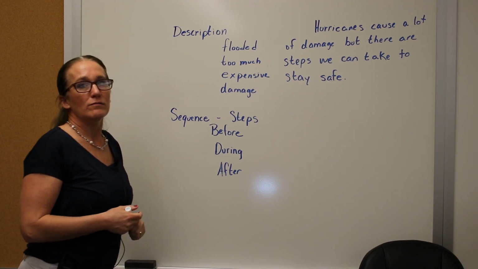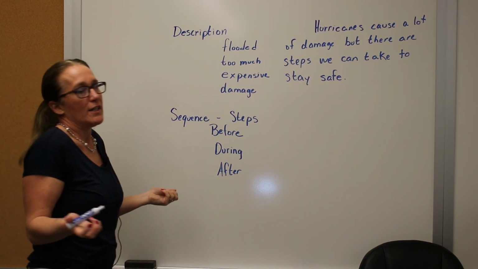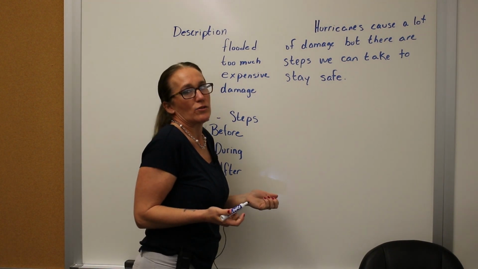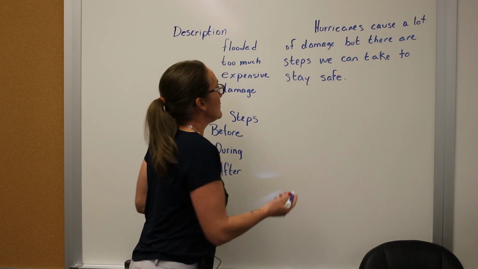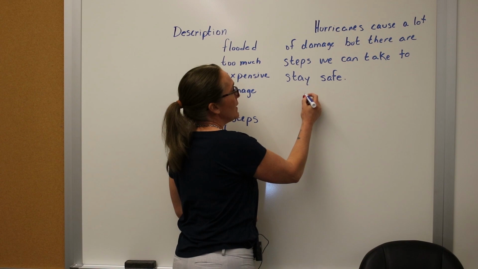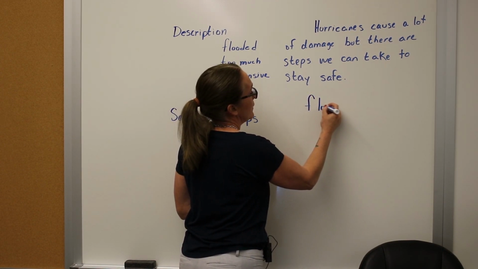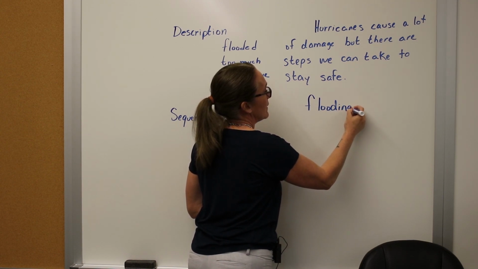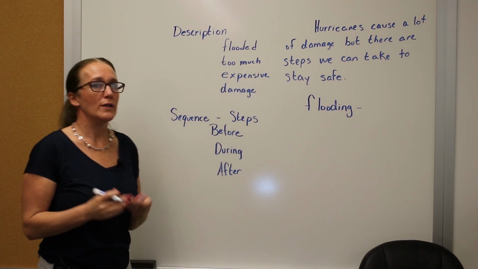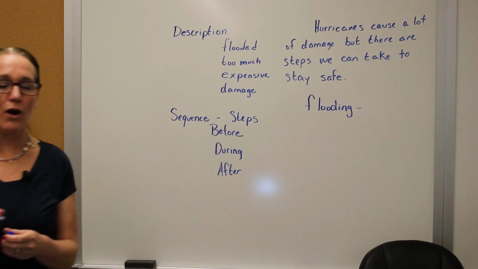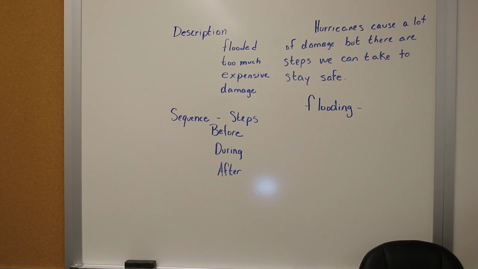From that point on, I just need to take key details out of the story and put them in my own words. So, hurricanes cause a lot of flooding. So if there's flooding, what did the story, the author, tell me to do?